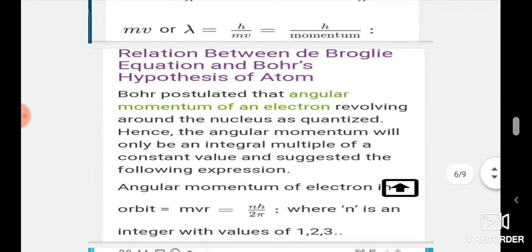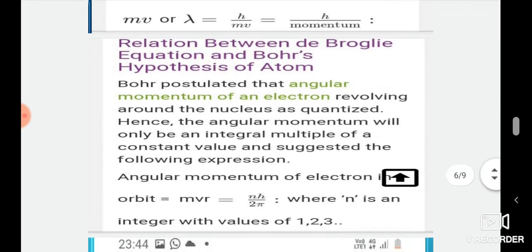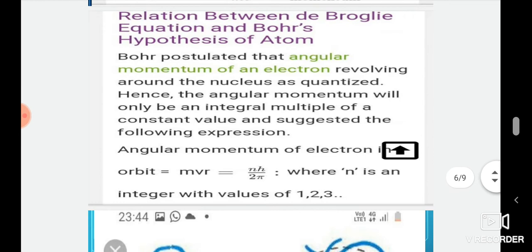Now we see the application of this de Broglie equation. It gives the relation between the de Broglie equation and Bohr's hypothesis of the atom.